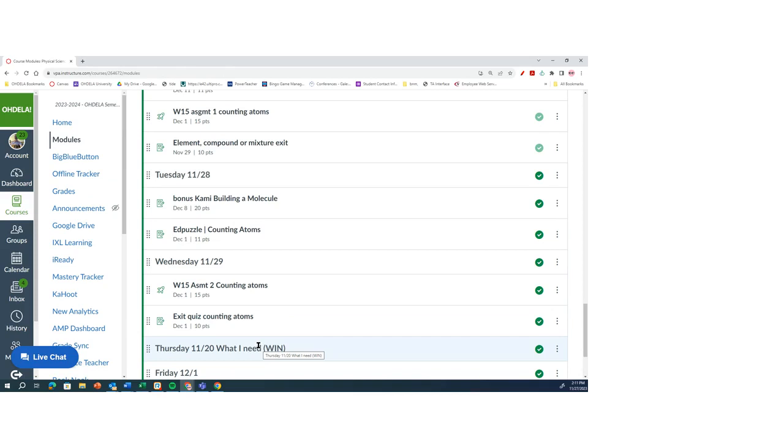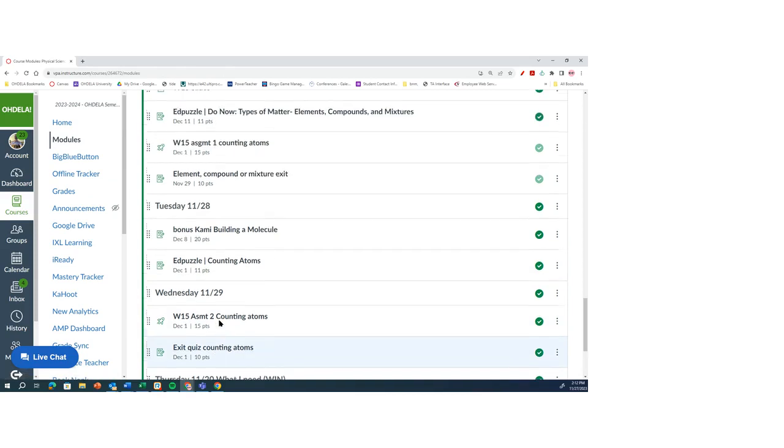The bonuses you can do at your own pace, but they are due by December 1st for the Edpuzzle and December 8th for the CAMI. So they don't last long for bonuses. I know it tells you that you're missing assignments, but I apologize. You don't have to do them if you don't want to.